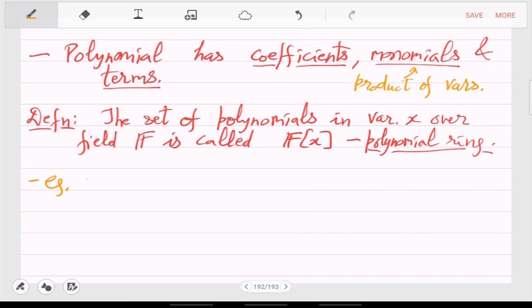So examples are, well, let's not take Z[x], let's just take fields: Q[x], R[x], C[x], F_p[x], and so on. So these are the polynomial rings in one variable, univariate polynomial rings.